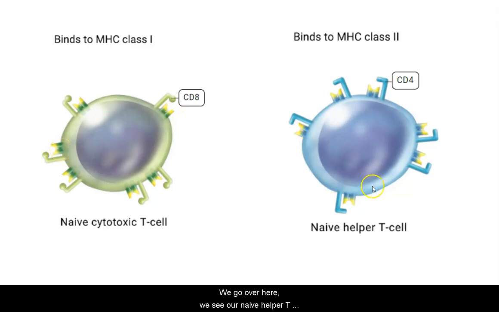We go over here, we see our naive helper T cell, and you'll notice it's only expressing CD4 co-receptors along with its T cell receptors. And again, these T cell receptors are all going to be identical on this cell, and they're only going to respond to one particular antigen. The CD8 T cells, remember, are going to bind to MHC class 1, while the CD4 T cells are going to bind to MHC class 2.